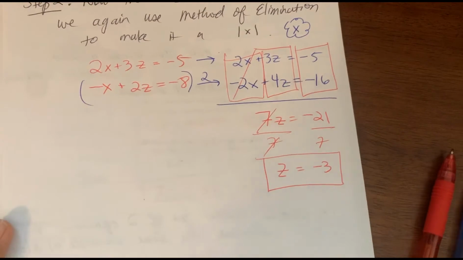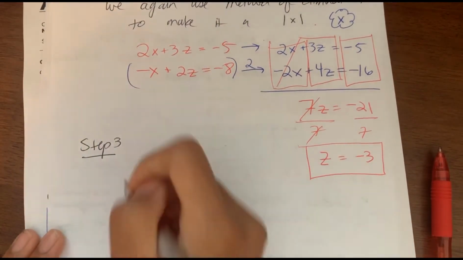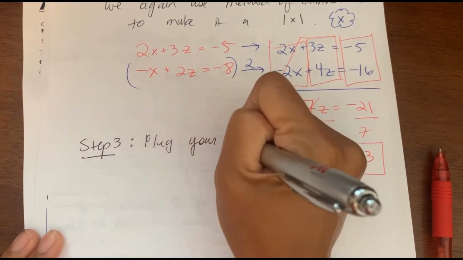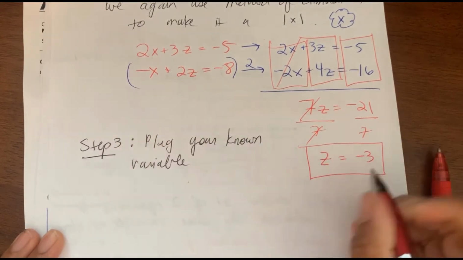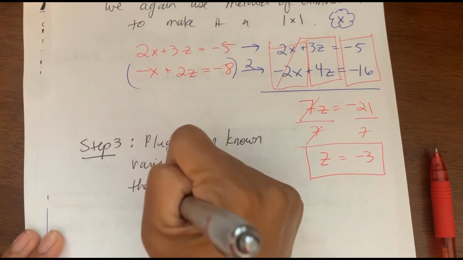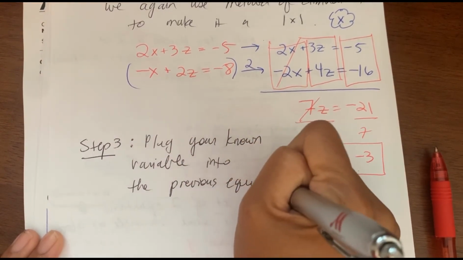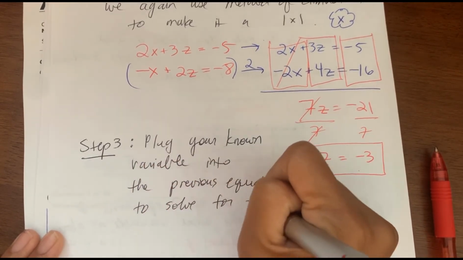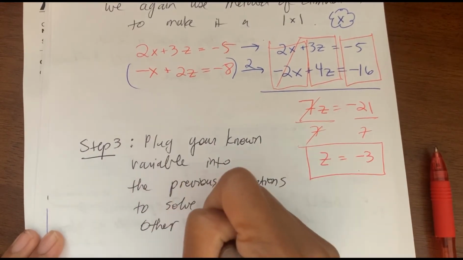So now that I've solved for the z, the last step now, step 3, is plug your known variable, which was this one, we know z was negative 3, into the previous equation to solve for the other variables.